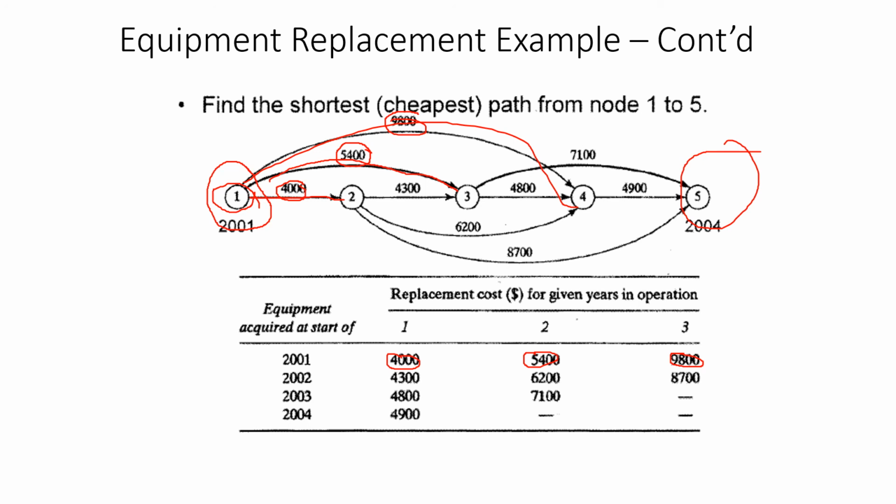So the other costs associated with this table would be: an arrow from node 2 to node 3 would be 4,300 right here, from node 2 to node 4 will be 6,200, and from node 2 to node 5 would be 8,700, and so on.